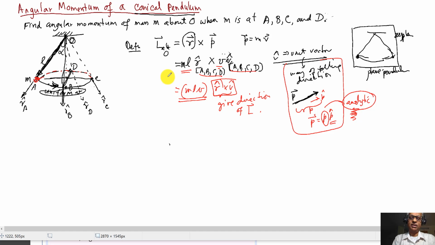So let's look at A. At A, I'm going to just use this figure so it's nice. So this is A, and which way is the velocity actually coming out? At that point, the velocity vector is coming out. It's in the R direction.